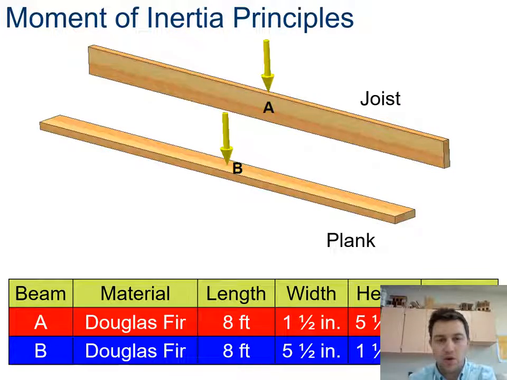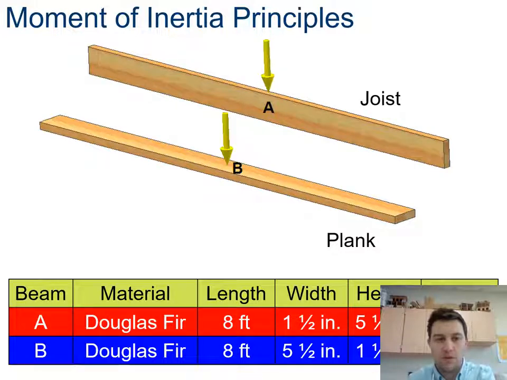When it's vertical, it's considered a joist, and when it's horizontal, it's considered a plank. Looking at the end, the width and the height are the same, but because the joist is vertical, my width is the 1.5 inches and the height is the 5.5. The areas are all the same.